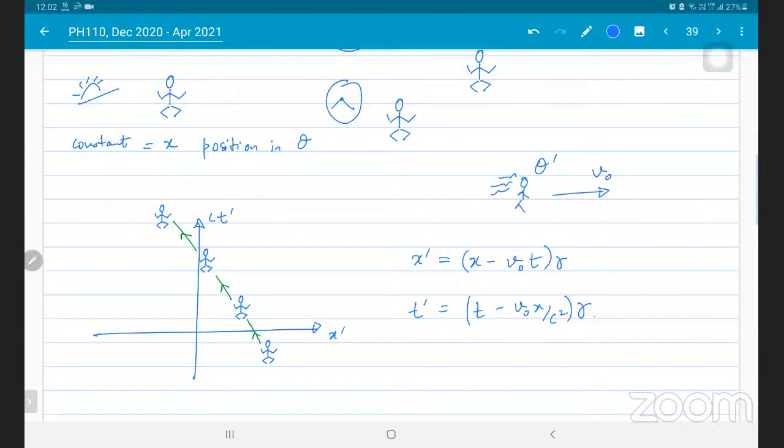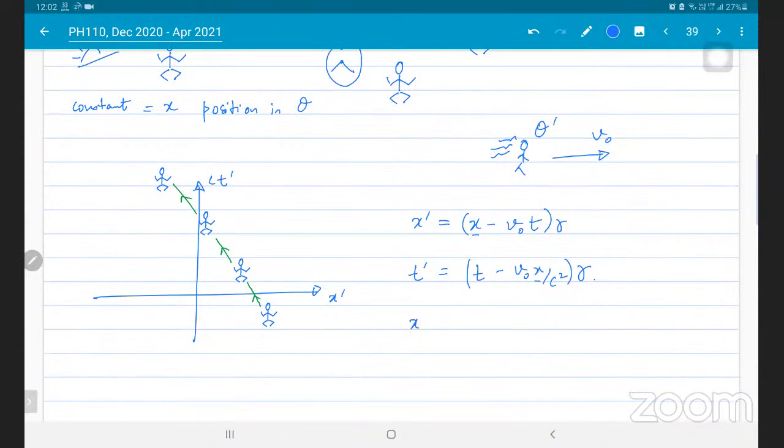Now, what is happening? This x is a constant, right? So let me just set x equal to 0. I can take x equal to 0 for convenience.